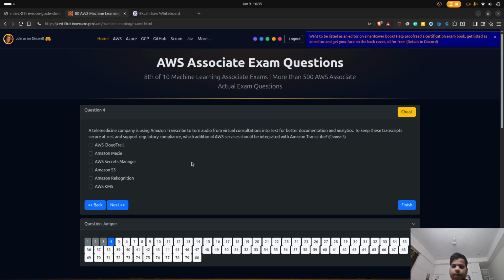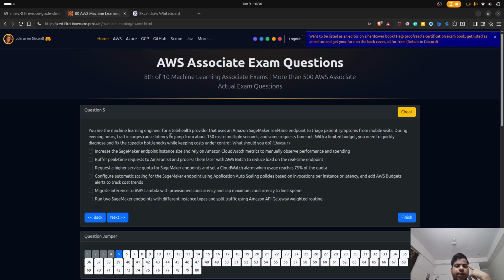To keep these transcripts secure at rest and support regulatory compliance, which additional AWS service should be integrated with Amazon Transcribe? Okay, so we have to keep this transcript. Amazon S3. Yes.